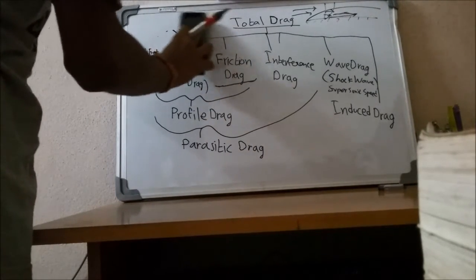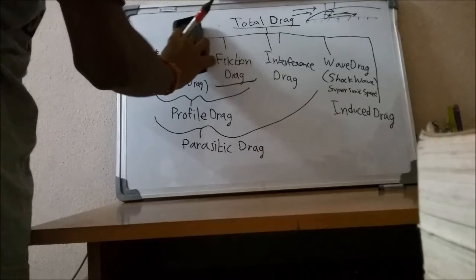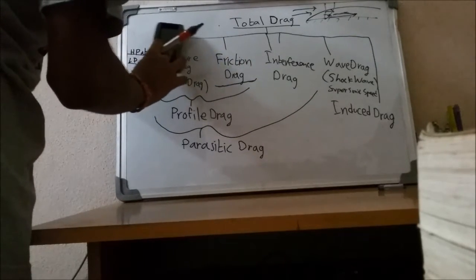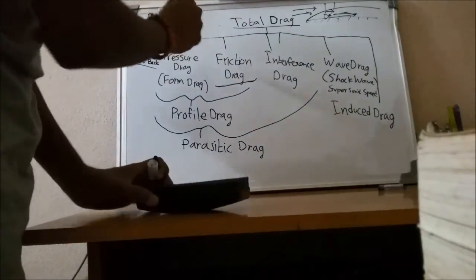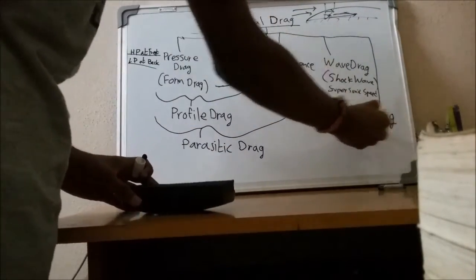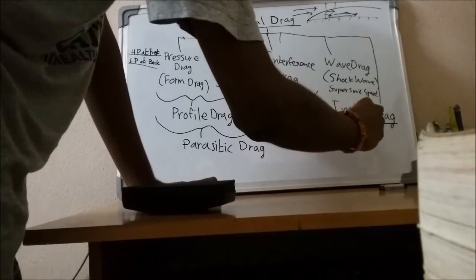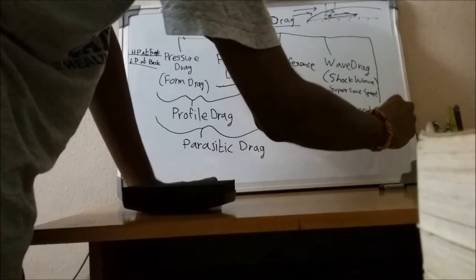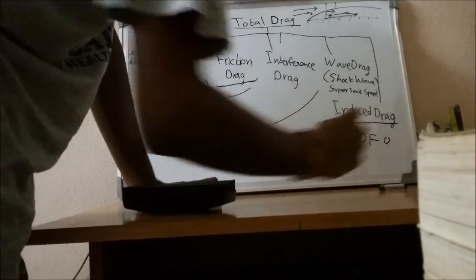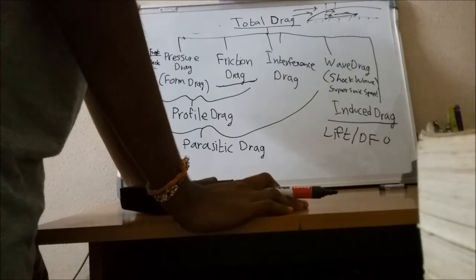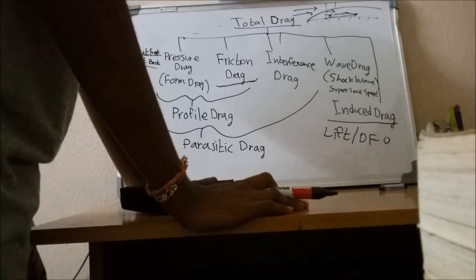And the last one is the induced drag. This is the most complicated part to understand as far as aerodynamics is concerned, but I will put it in a simple way. Induced drag is caused only when there are lift or downforce creating objects, basically wings. There is a concept known as finite wing and infinite wing.